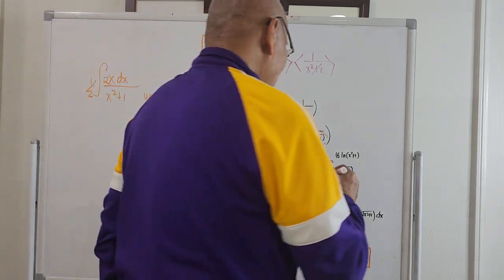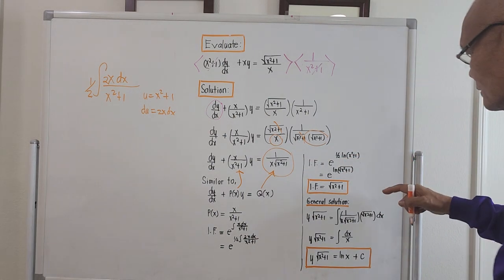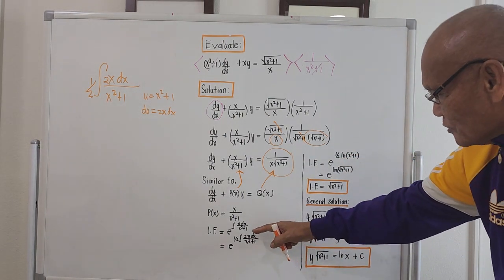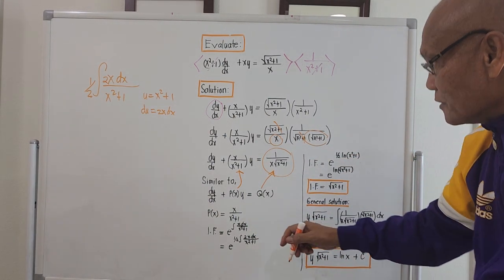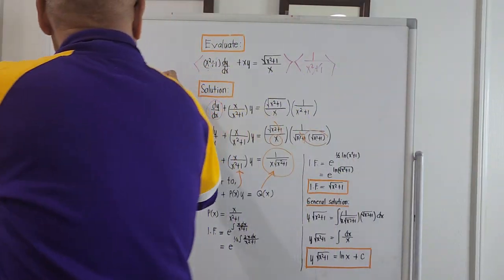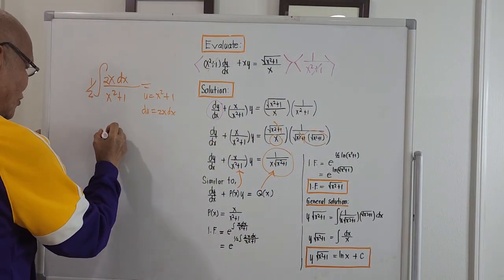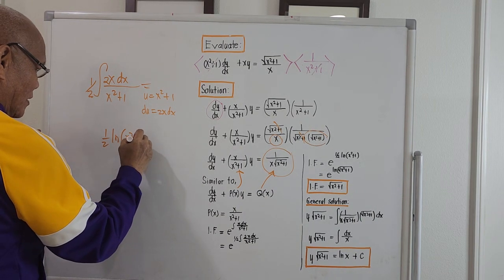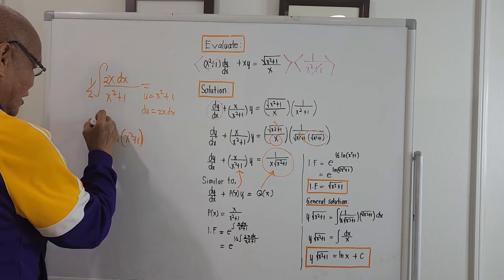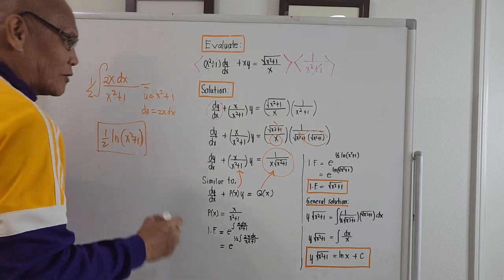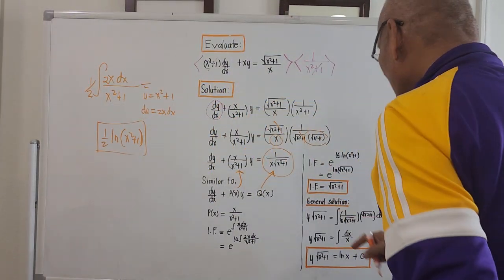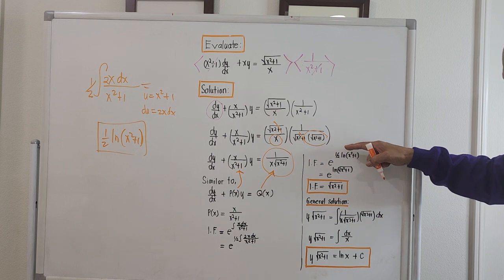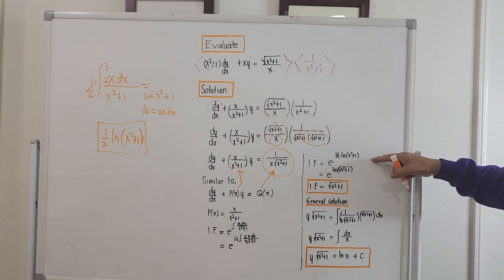Continuing, after the insertion of 2, this now falls under the natural logarithm. This is now 1 half the natural logarithm of x squared plus 1. So the integrating factor is e raised to 1 half the natural logarithm of x squared plus 1.